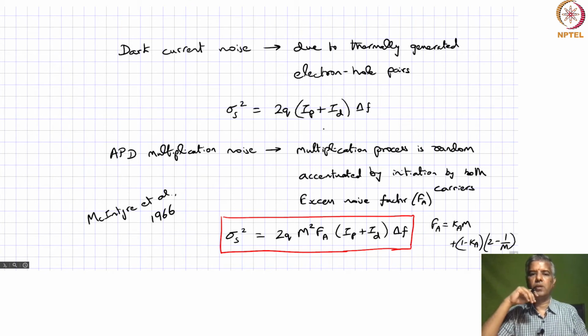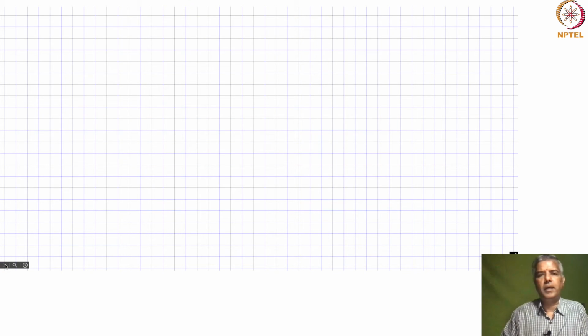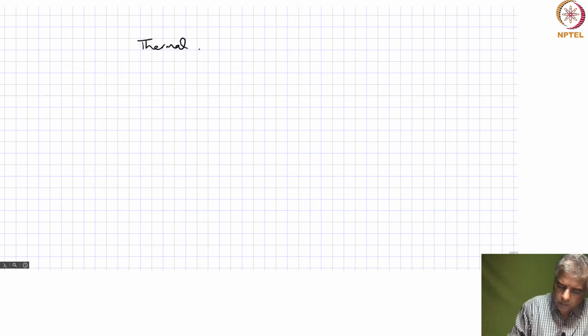So this is one of the fundamental limitations as far as an optical receiver is concerned. You're not going to be able to get around it, and this once again is because of the fact that we have random arrival of photons at the receiver, and that is what is initiating this noise process. Okay, so now let's move on to another type of noise that we get to see in typical receivers. This is what we call thermal noise.